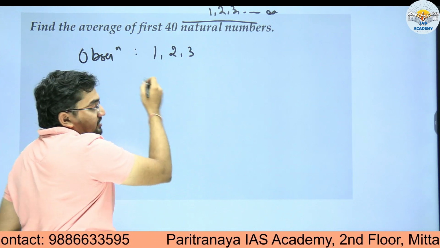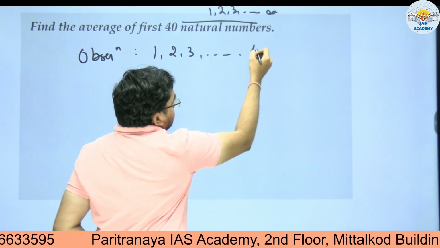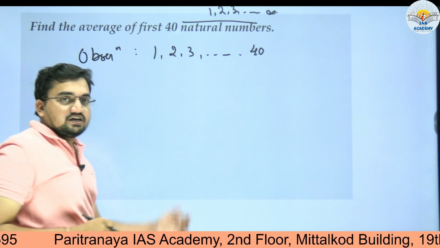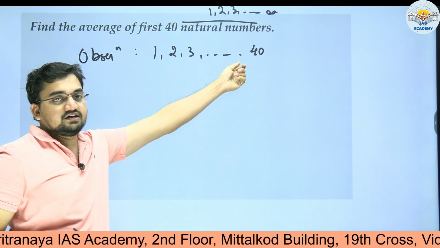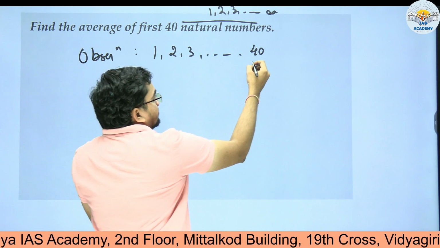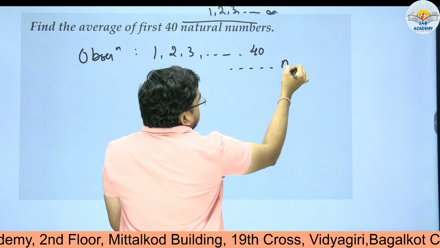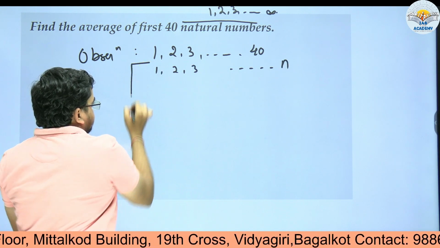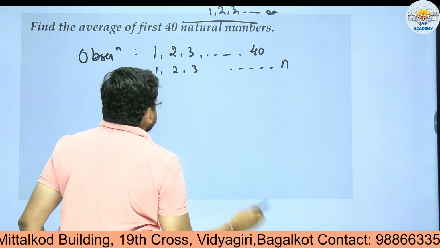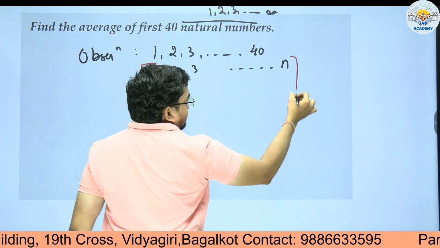First 40 means starting with 1: 1, 2, 3, 4 up to 40. For any set of natural numbers starting with 1 and ending with, say, n for our convenience, it is 1 to n.